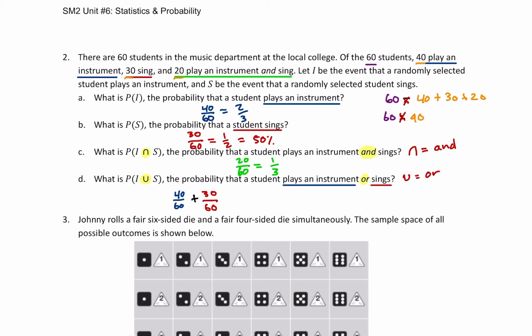I already figured that out in part C. I know that 20 out of my 60 do both. So if I subtract that overlap, I will end up with 50 over 60. That also simplifies down to 5/6, and that's our answer.